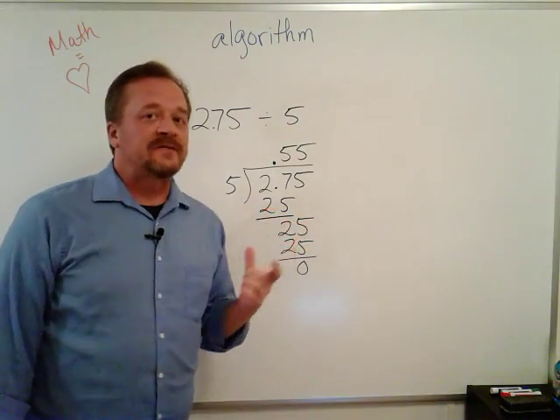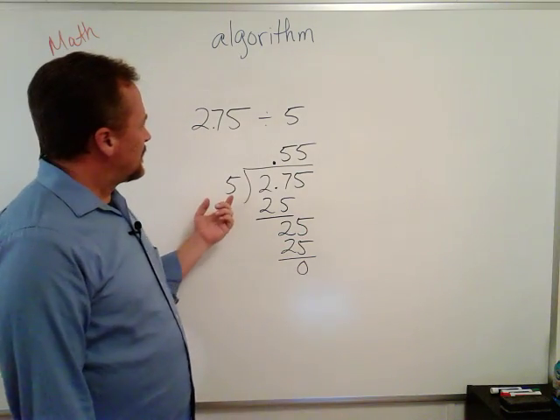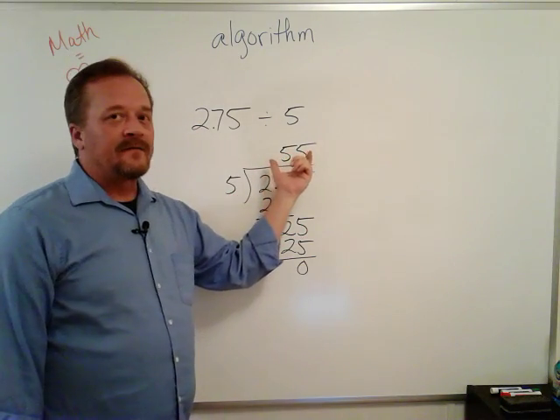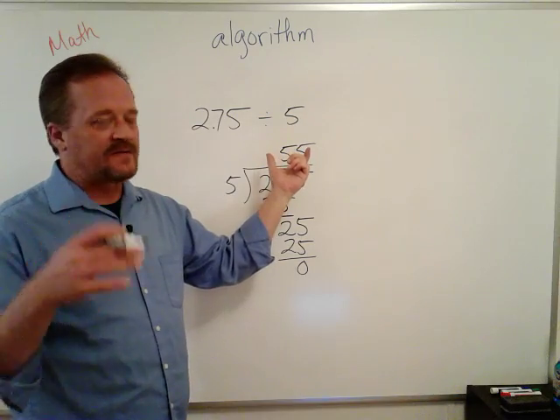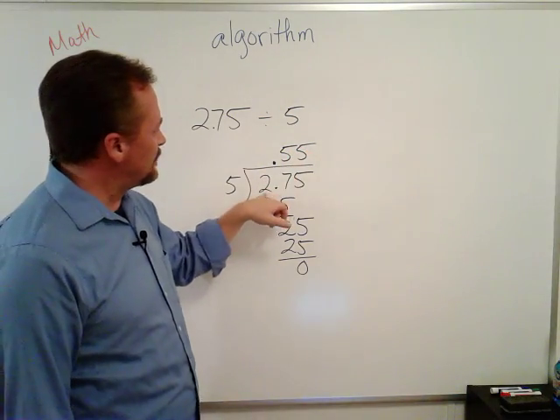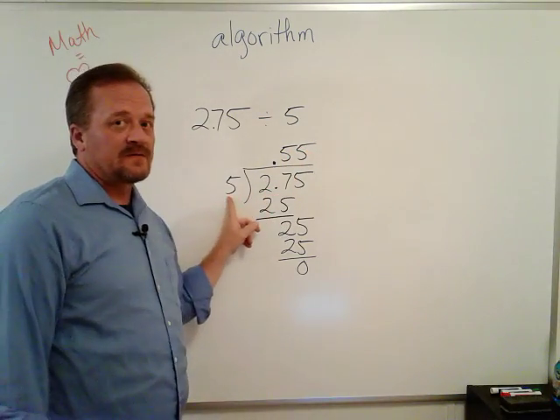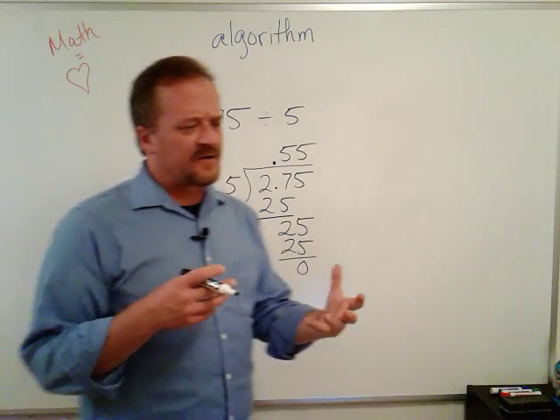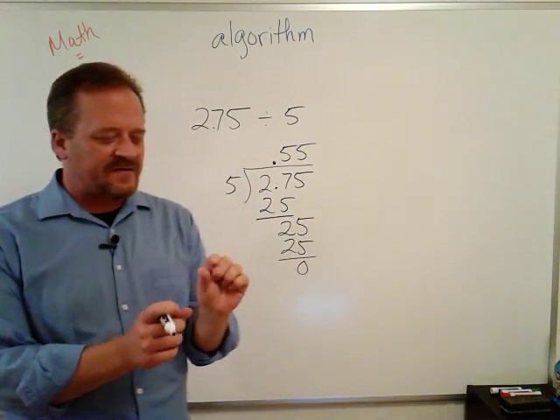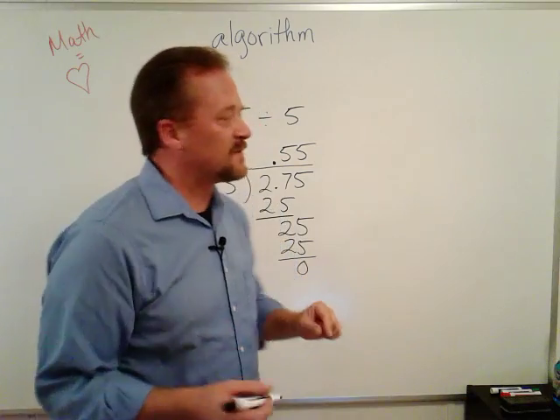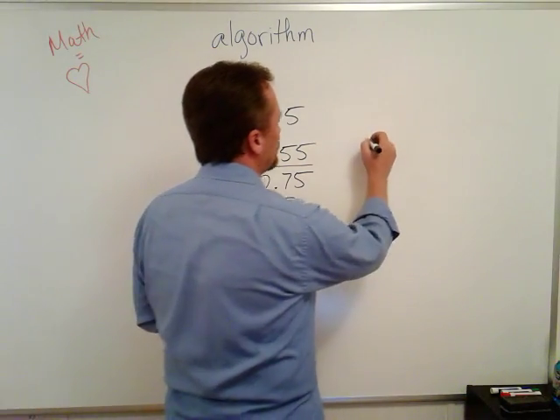But the question can also be asked, and I'm going backwards here, can 0.55 fit into 2.75 5 times? Okay, so if I took a measurement and something was just over 1/2 of an inch, it was 0.55 inches.